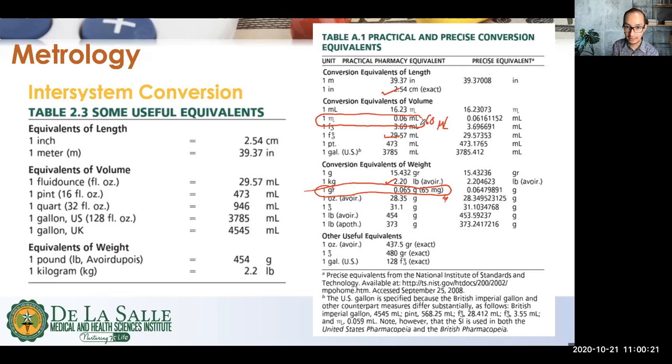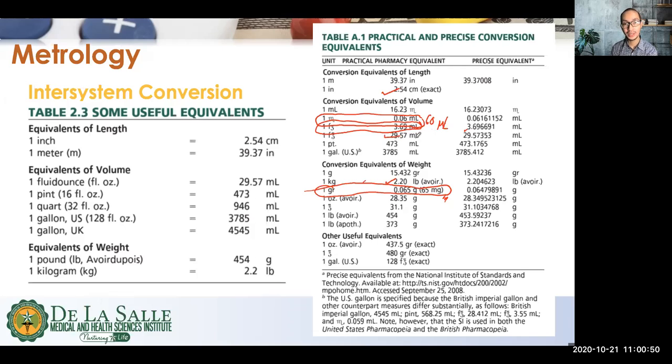Just a side note, this one, the 1 fluid dram, remember that in the common household measurements, a teaspoonful is the same as a fluid dram. Now, a fluid dram is actually equivalent to 3.69 milliliters. But in common household measurement, a teaspoonful is approximately equal to 5 milliliters.